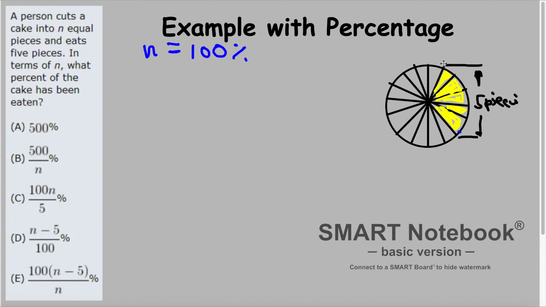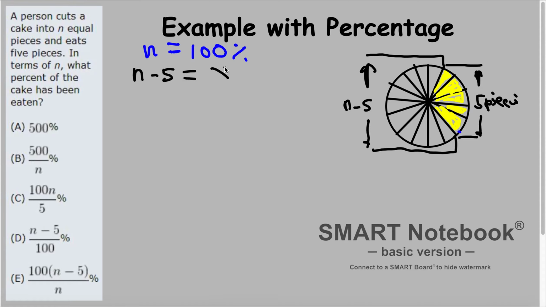And now this part here, we can write is equal to n, because the whole of this is n pieces, but because the 5 pieces we already have here, this is going to be n minus 5. So this part of the pieces here is going to be n minus 5.